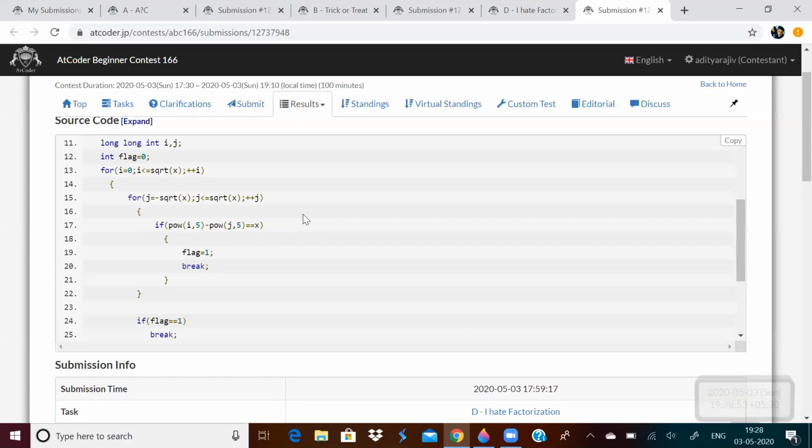I did not get any TLE, it passed. And yeah, that's it. You have to just optimize, and you can try for other numbers also. This condition will always be satisfied. So just remember, if you apply something related to square root, you can reduce the number of comparisons.